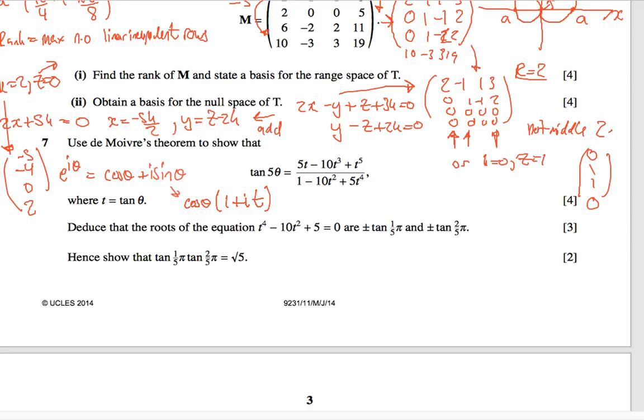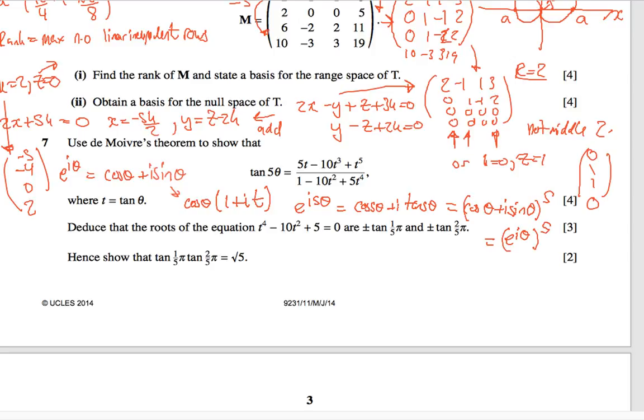And there's 4 different ways really of thinking about e to the 5 theta. You can think of it as e to the i 5 theta, or as cos 5 theta plus i tan 5 theta, or you can think of it as (cos theta plus i sin theta) to the power of 5, because it's the same as (e to the i theta) to the power of 5.